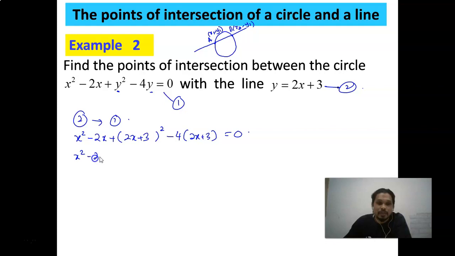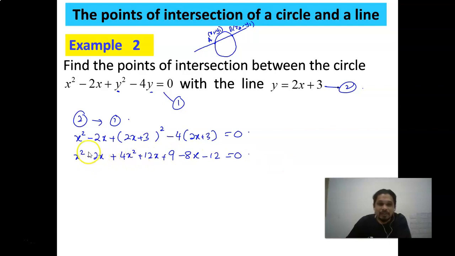So x squared minus 2x, plus (2x plus 3) in brackets squared: 2x times 2x, 4x squared. 2x times 3 equals 6x, with another 6x, 12x, and 3 times 3 equals 9. Negative 4 times 2x, negative 8x, negative 4 times 3, minus 12, equals 0.